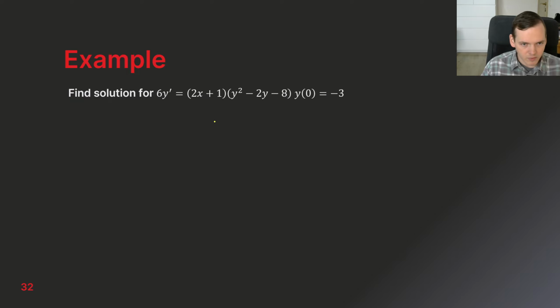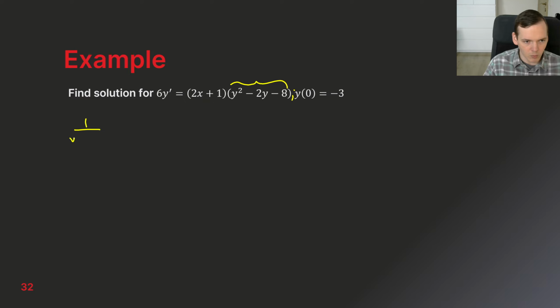And that is find the solution for 6y prime is equal to 2x plus 1 times y squared minus 2y minus 8. And the initial condition is given here of y of 0 equals -3. So we're going to pull all of these y values to the left-hand side.